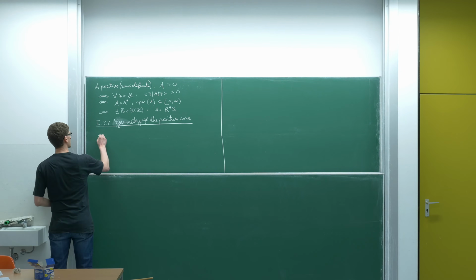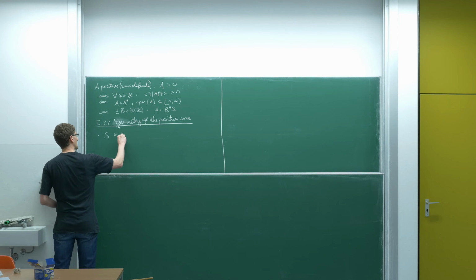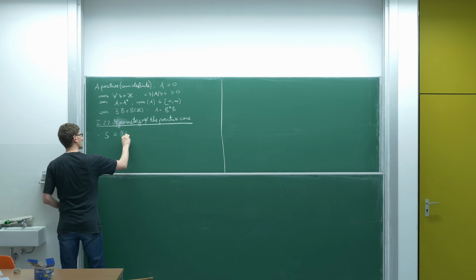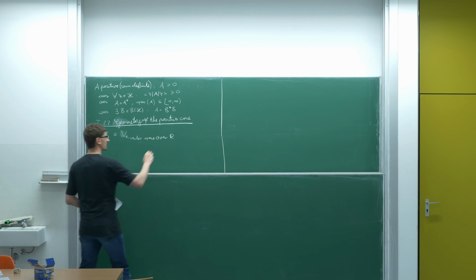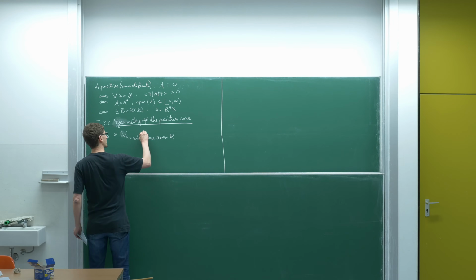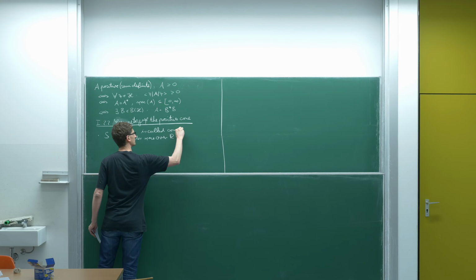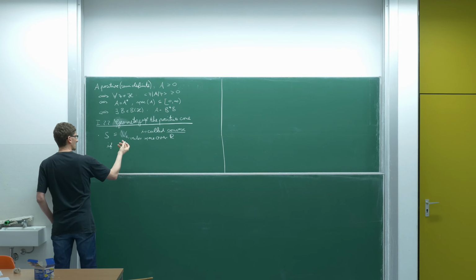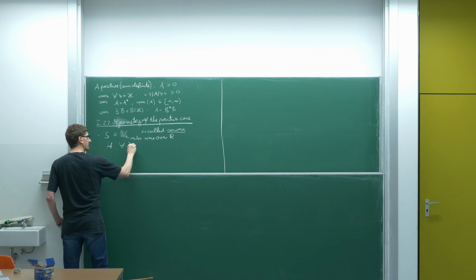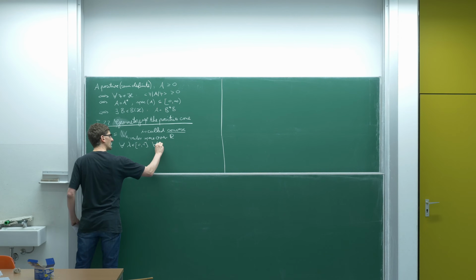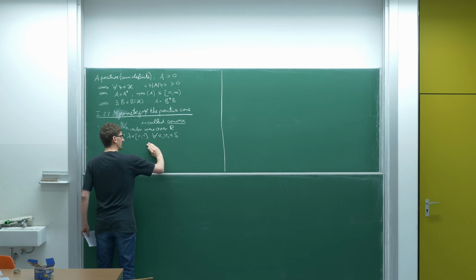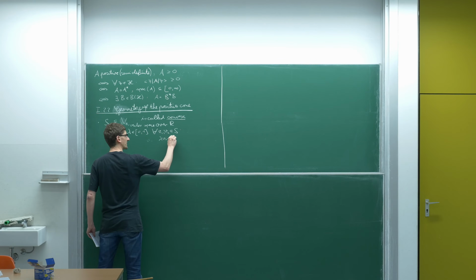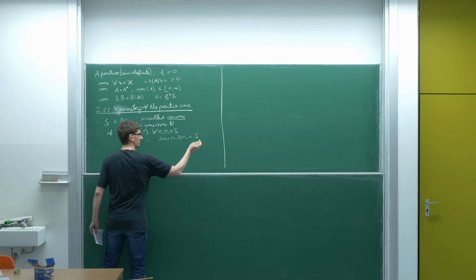So a subset of a vector space, and this has to be a vector space over the real numbers, such a set is called convex if, I suppose everyone knows the definition, for every real number lambda between 0 and 1, and for every pair of elements V1 and V2 of this set, it also holds that the interpolation of these two points, lambda V1 plus 1 minus lambda V2, is an element of the set.